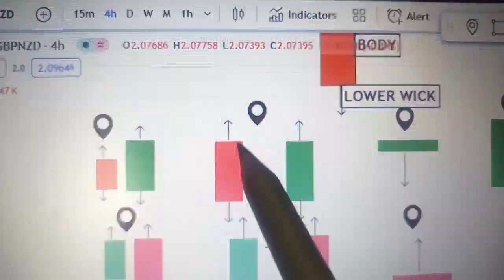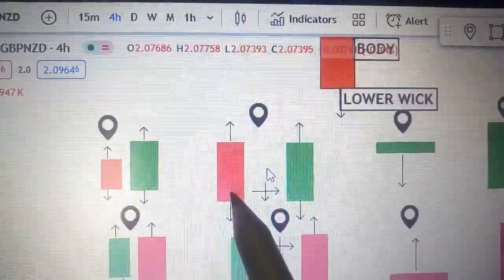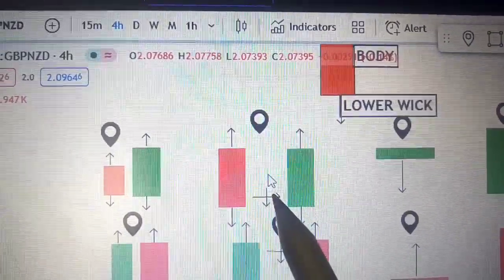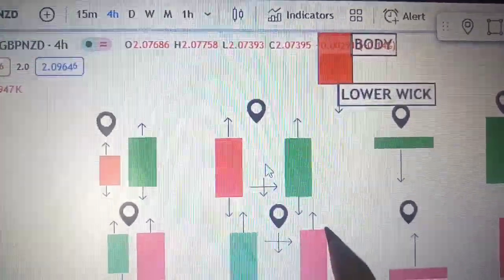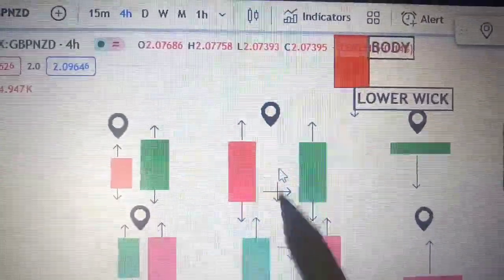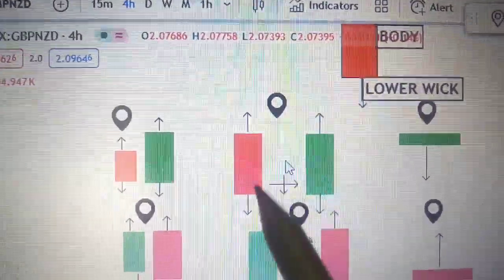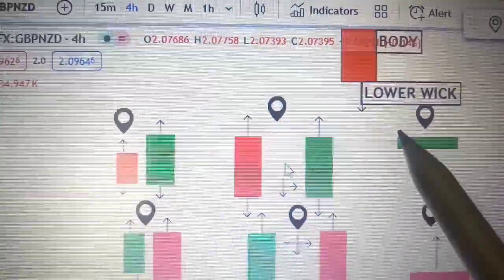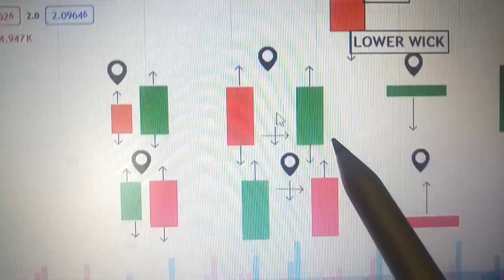So when you find this type of candle, you start with the red candle followed by a cross or a doji. Then we have a green candle. They can be big or small, but this type of pattern shows you that the buyers are very much willing to push the market, the buyers are very much present.